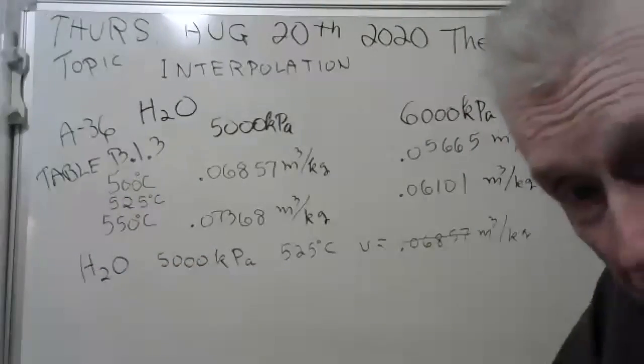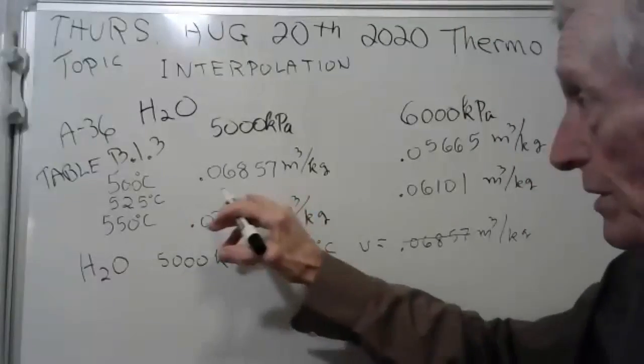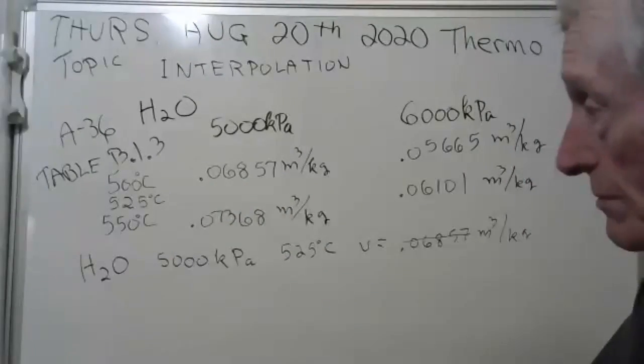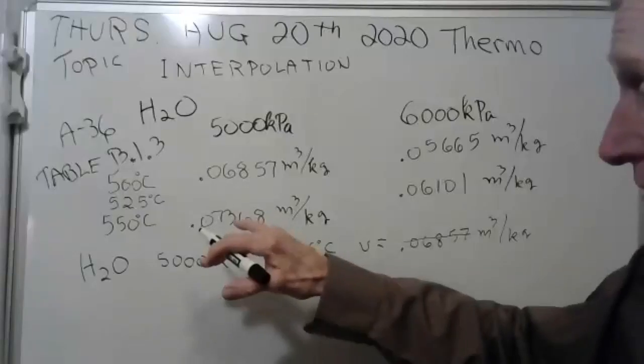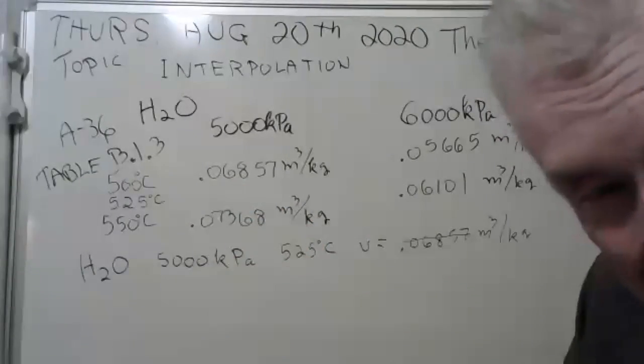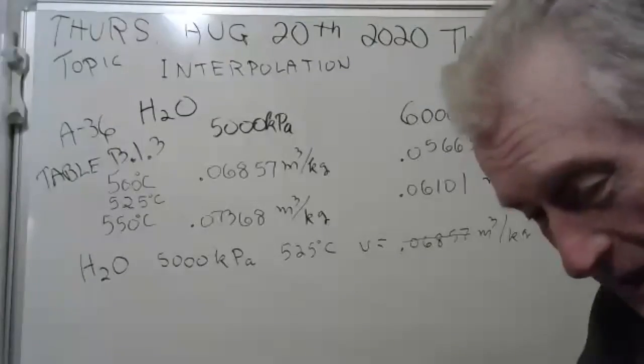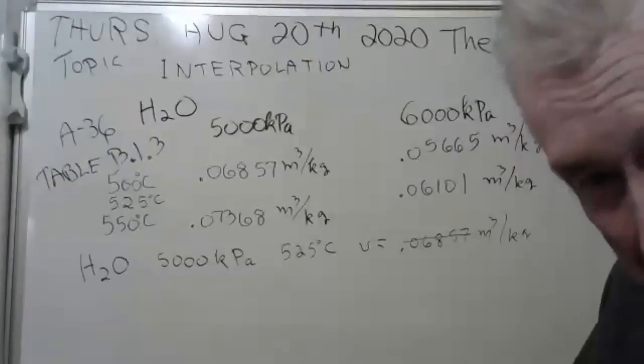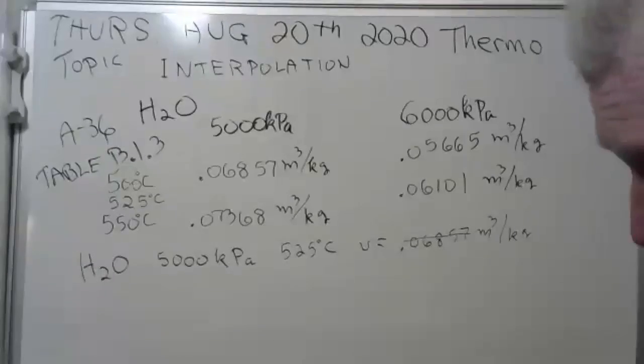You just go halfway between here and you've got your answer. Do you guys know how to get halfway between two numbers? You add them up and divide by 2, right? Okay, I'm going to do that. Here goes.